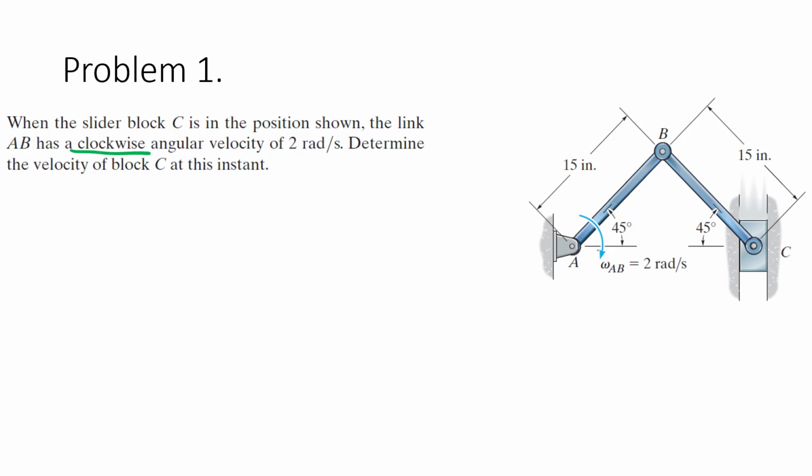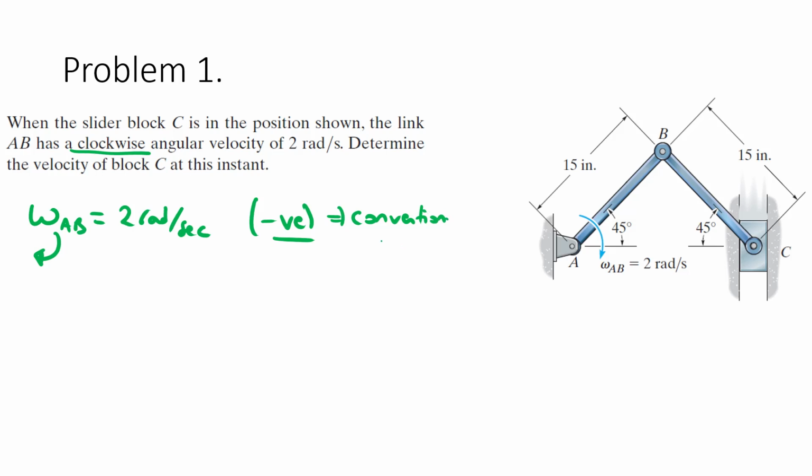What is the velocity of the block C? So omega is clockwise for AB, and that is 2 radians per second. Clockwise omega is negative. That's the convention. So we will do it this way.